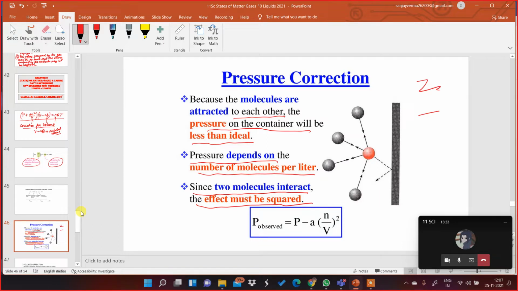In other words, the observed pressure is less than the ideal pressure. That's why we have to do the correction, and that correction is called pressure correction, where we add an squared by V squared to the observed pressure. So that is the pressure correction.